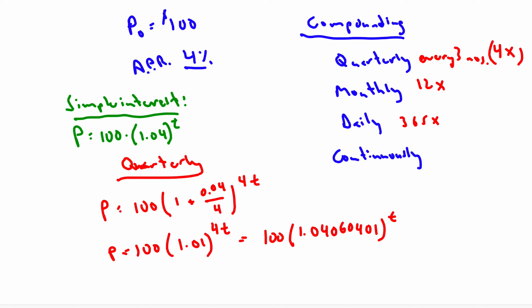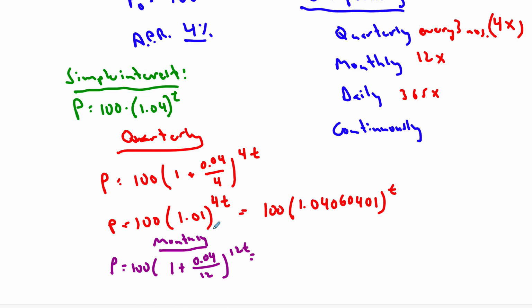This keeps going. So if we do monthly, that would look like P equals 100 times 1 plus 0.04, still the APR, but over 12 this time, to the 12t, okay?